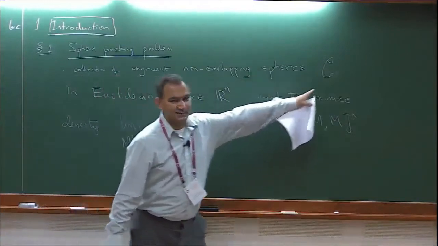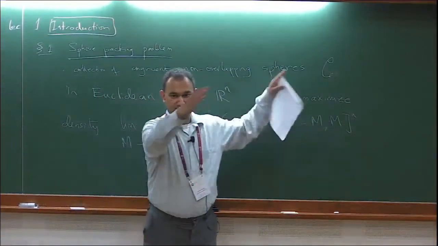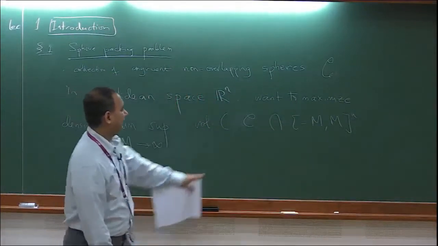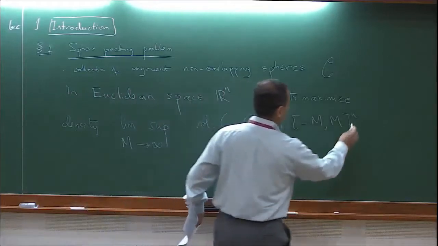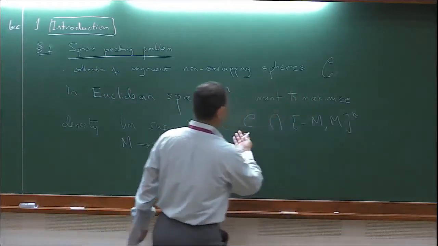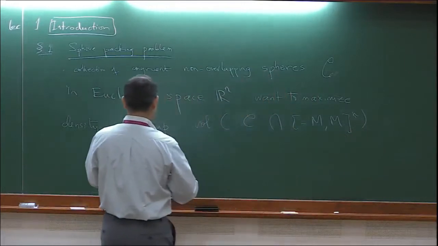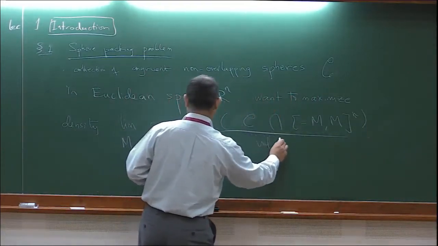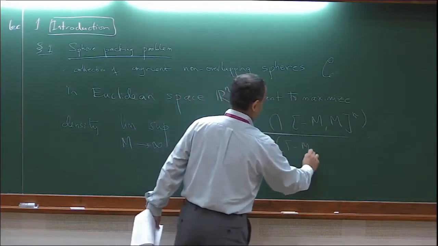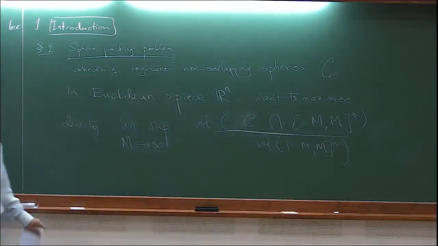C is really the collection of spheres, so you intersect each sphere with this large cube going from -m to m, and you take the volume of that intersected region, and you divide by just the volume of [-m, m]^n.